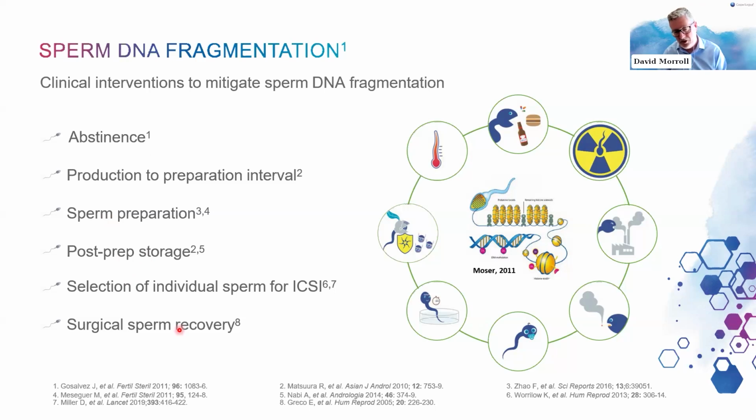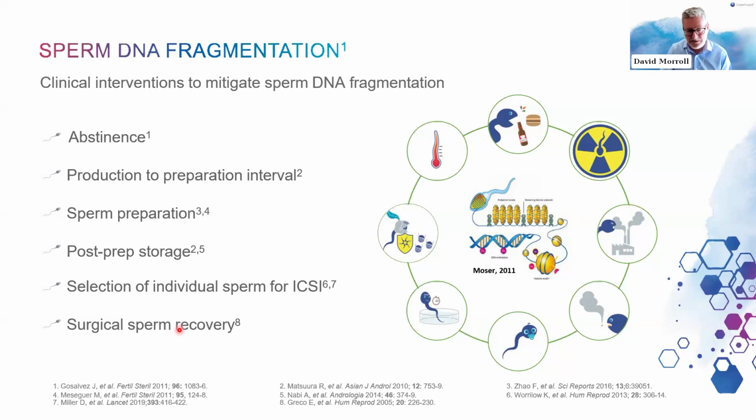There are some papers that suggest collecting sperm at the site of production using a testicular biopsy gets sperm with much better DNA integrity, particularly in men with persistent elevated levels of DNA fragmentation.